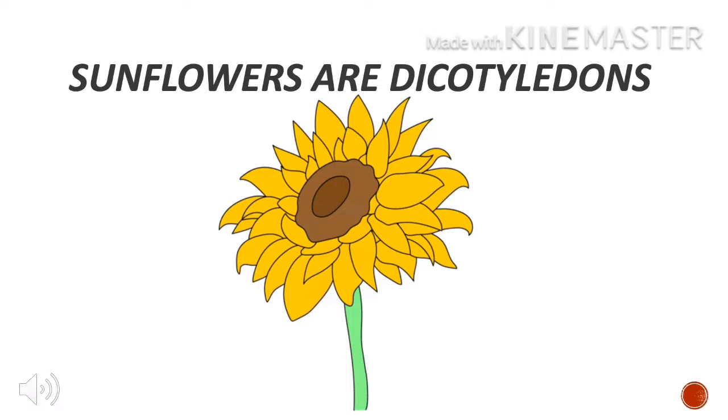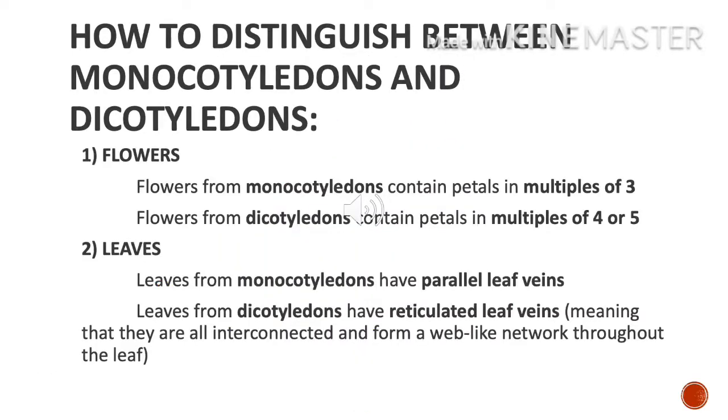How to distinguish between monocotyledons and dicotyledons? Number 1, through their flowers. Flowers from monocotyledons contain petals in multiples of 3, while flowers from dicotyledons contain petals in multiples of 4 or 5.